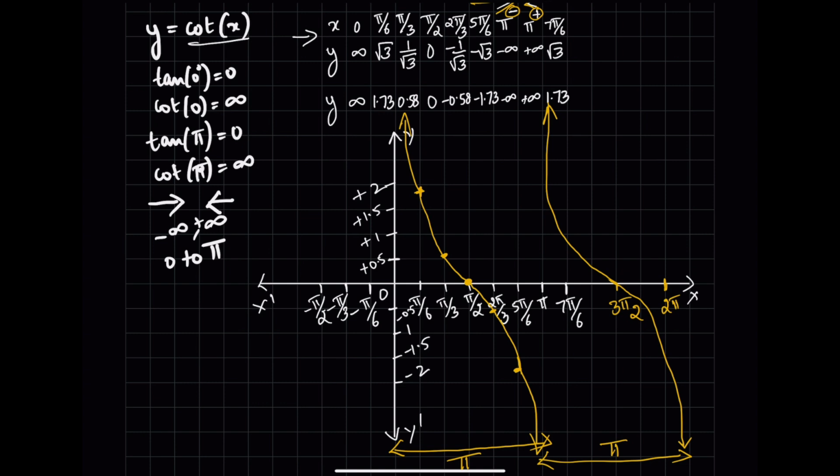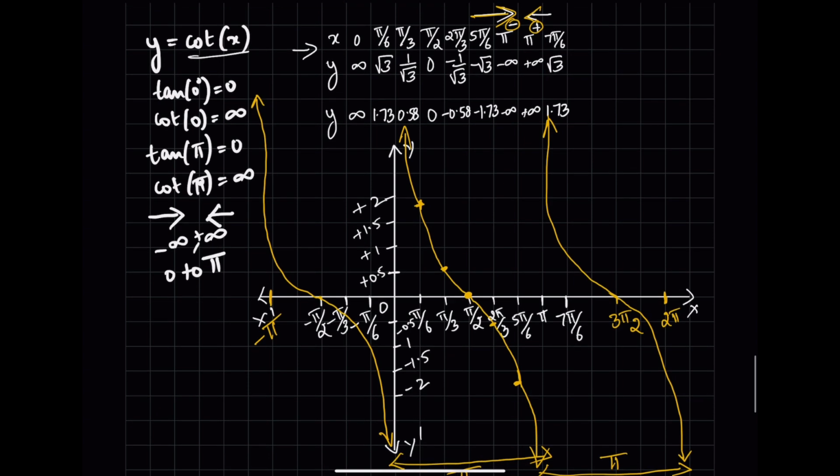Similarly, on the negative side, we would get something like this, moving up to here. If it is minus pi here, we would get something like this. So this is the graph of cotangent of x.